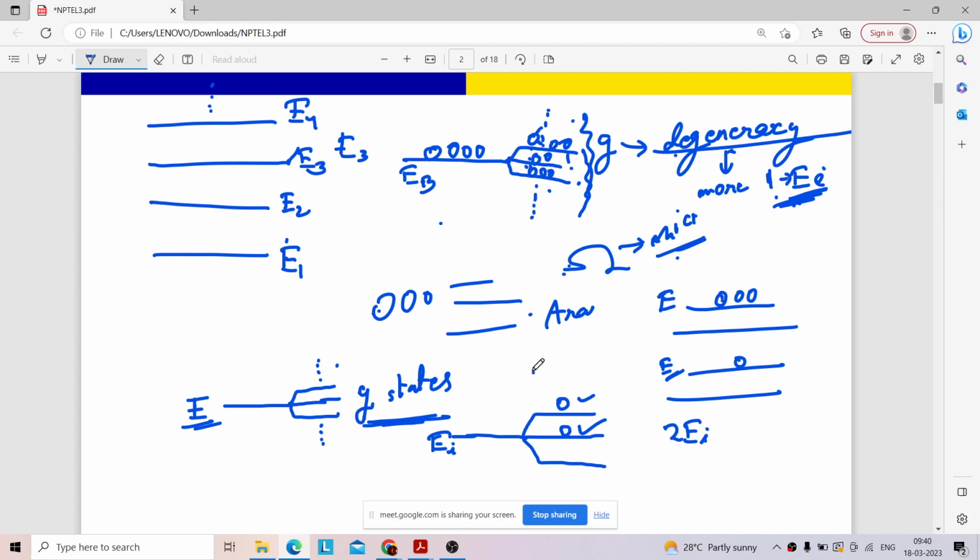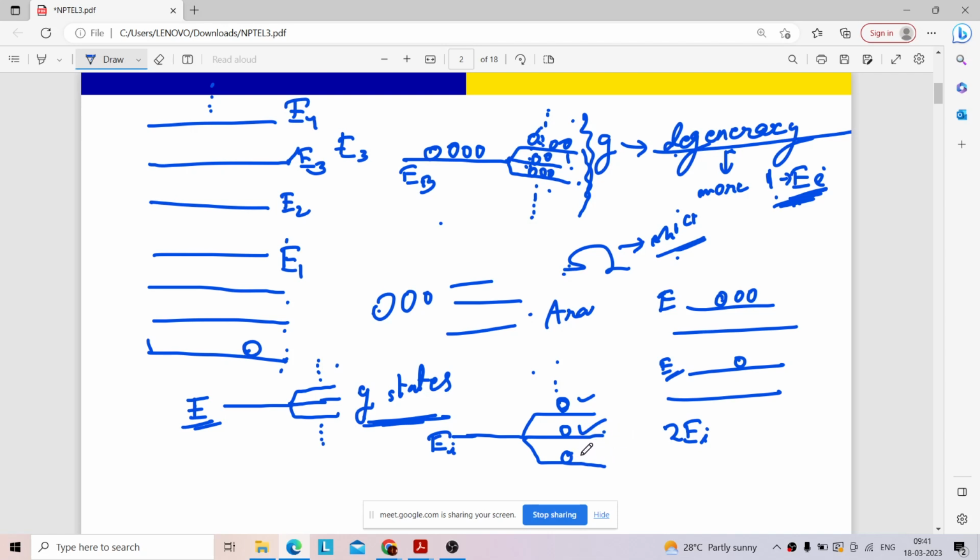Let's assume they are fermions, and we know we can't put two fermions in a single energy state, because previously our energy states were very discrete and they were single states. So we were allowed to put one fermion in one state. But now, if our energy state has some substructure, we can put our particles in the substructure and still not violate the fermion rule that one particle can stay in one energy state.